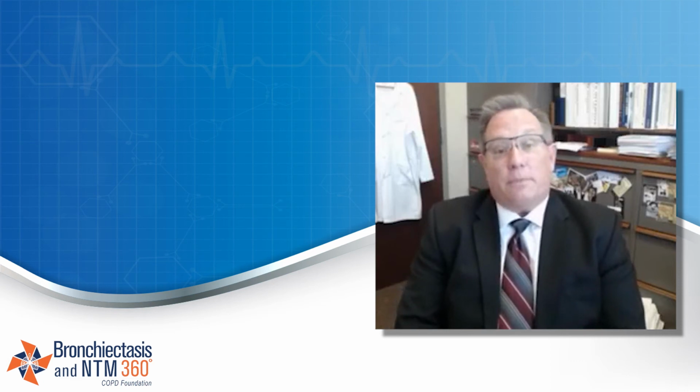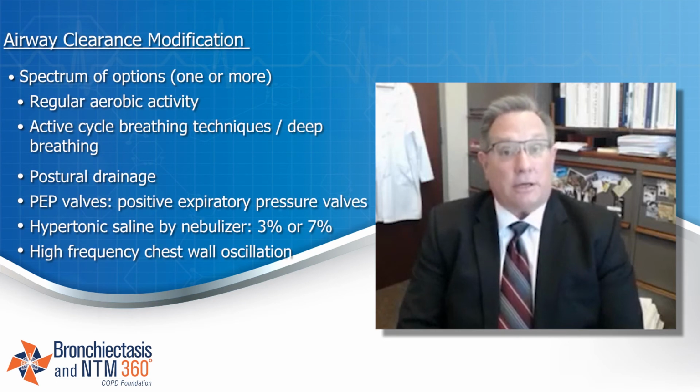It's also important to realize that airway clearance, an essential and critical component to any therapeutic plan on a long-term basis, may need to be modified or escalated during periods of exacerbation.